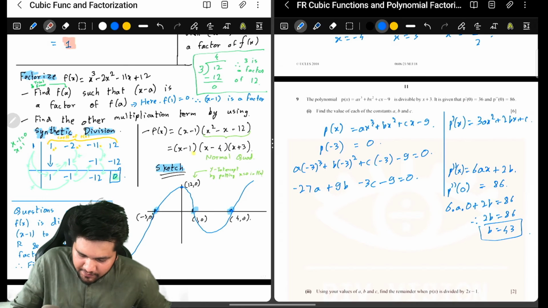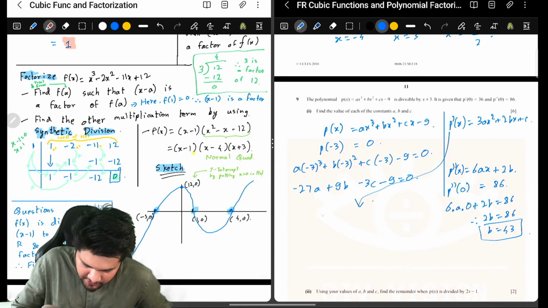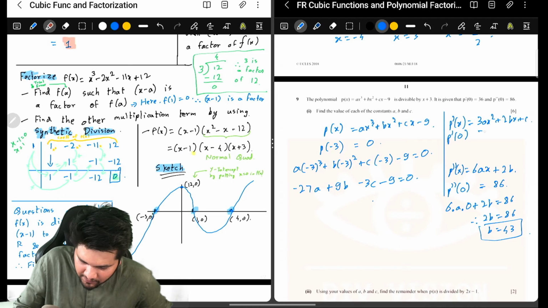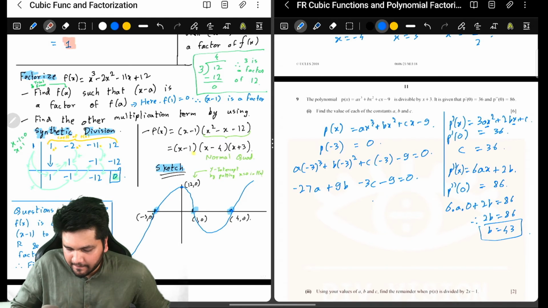Similarly, if I talk about this p dash of x, they have said p dash of 0 is 36. In fact, we will directly get it. So p dash of 0 is equal to 36. Again, I'll substitute x is equal to 0 in this equation. So this is going to be 0, this is going to be 0. So I'll directly get c is equal to 36.